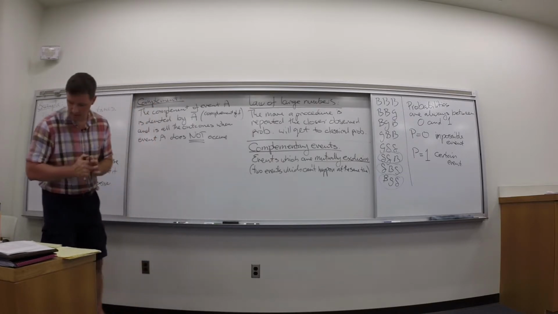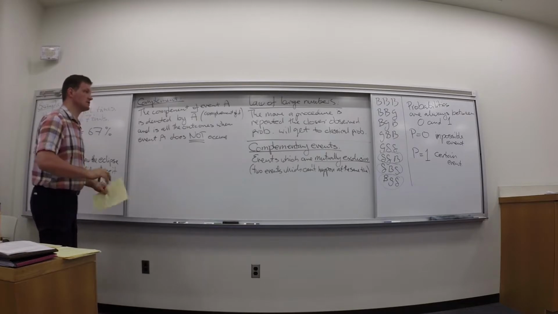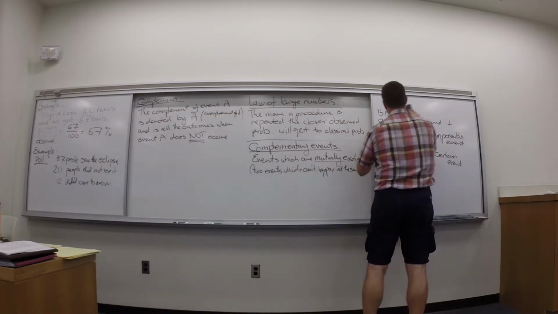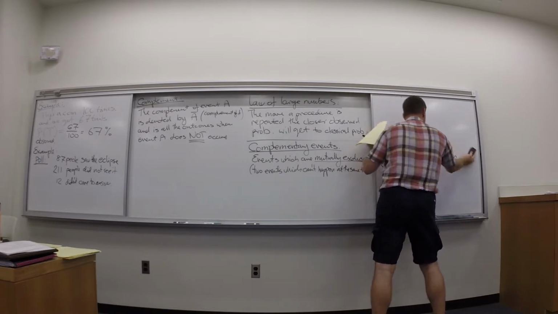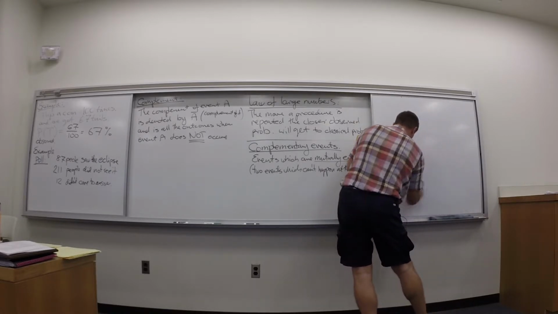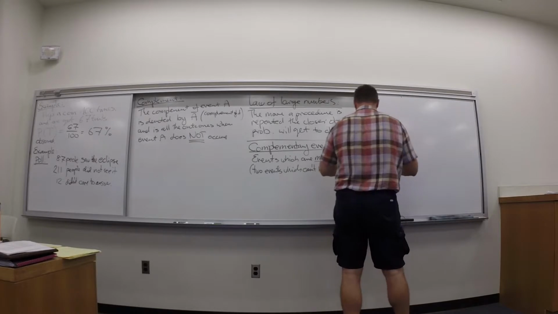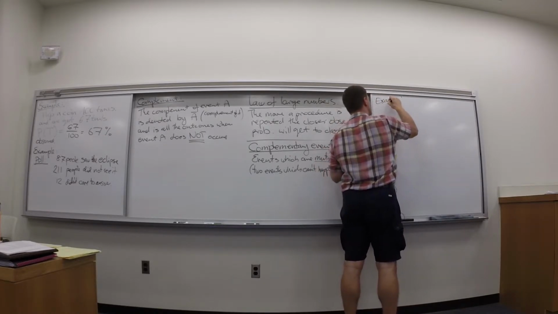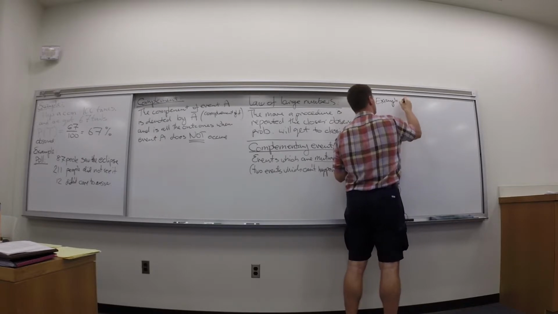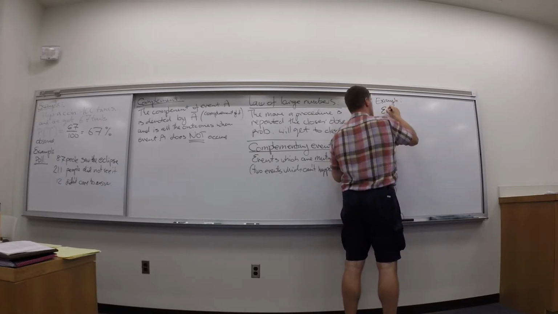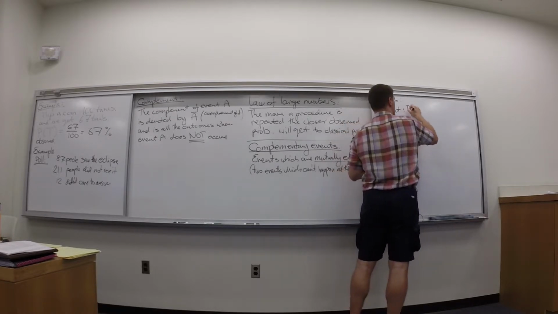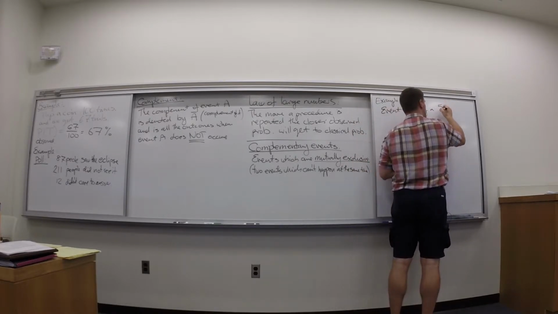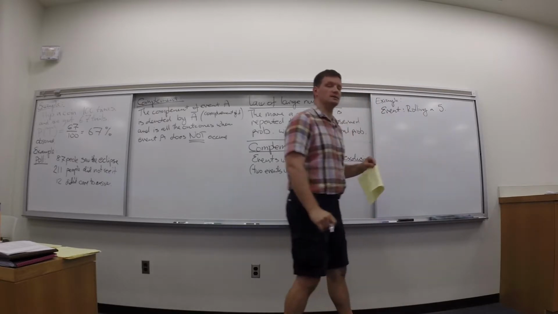All right. So let's look at an example that is slightly more complicated. Let's say the event we're looking for is rolling a 5 on a die.